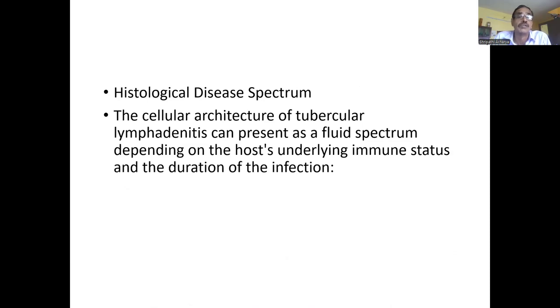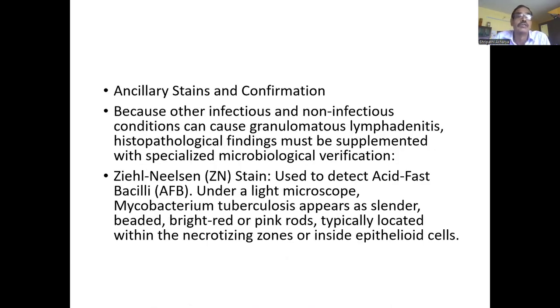Histological disease spectrum. The cellular architecture of tubercular lymphadenitis can present as a fluid spectrum depending on the host's underlying immune status and the duration of the infection. Ancillary stains and confirmation.